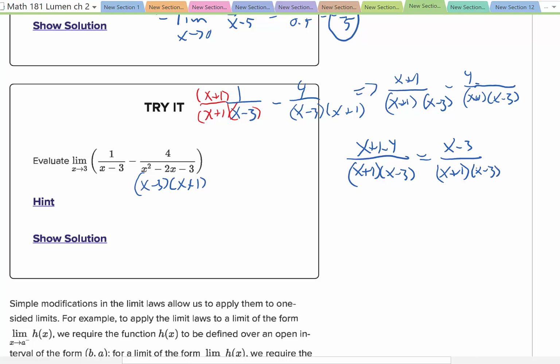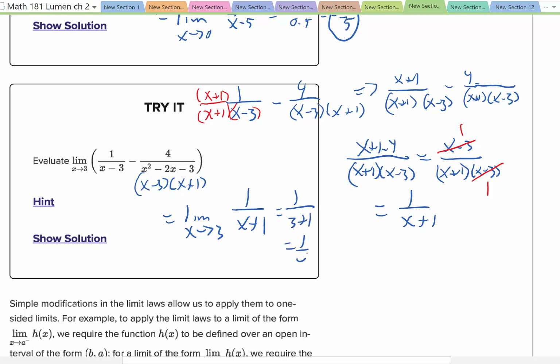And look at that, that x minus 3 is in the numerator and denominator. So we end up with 1 over x plus 1. So it becomes the limit as x approaches 3 of 1 over x plus 1. So that's 1 over 3 plus 1, or 1 over 4.